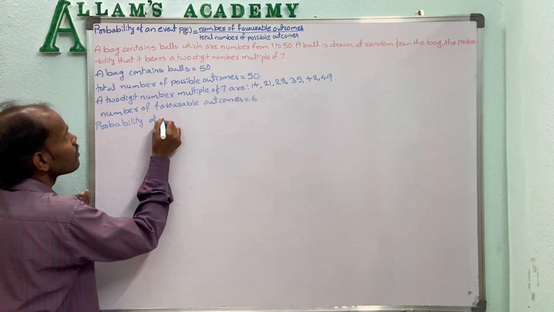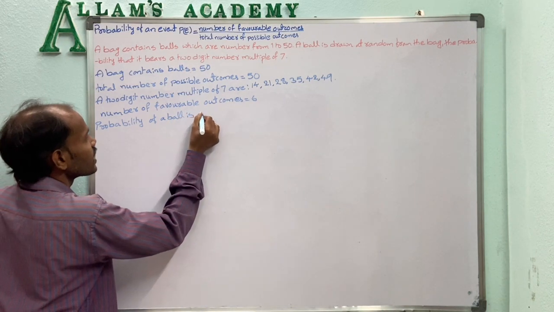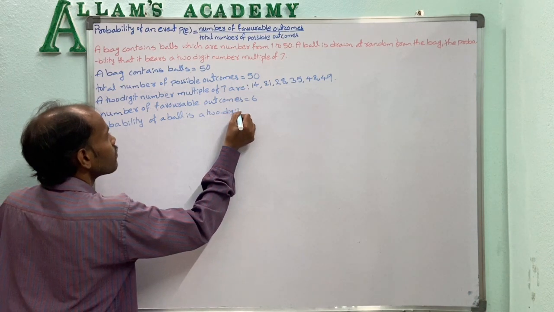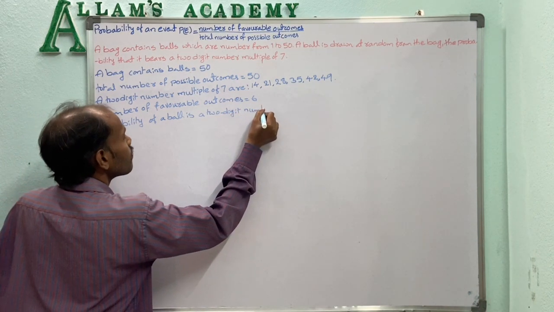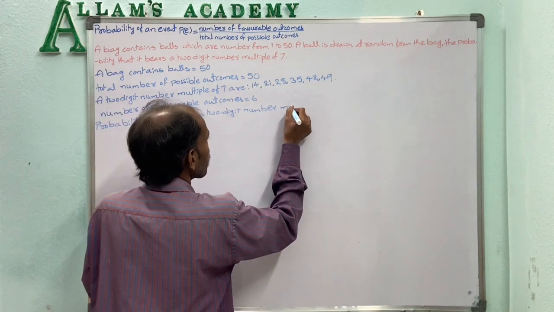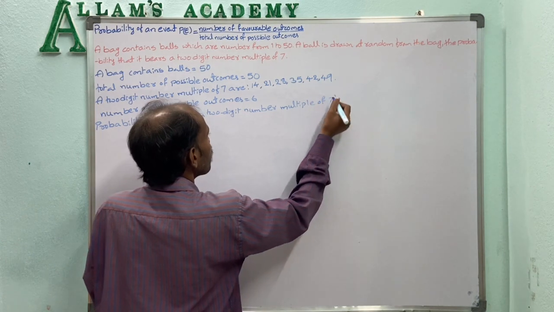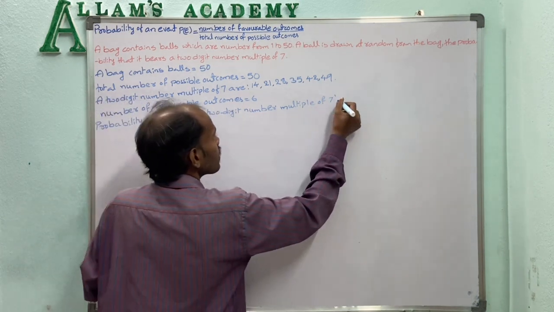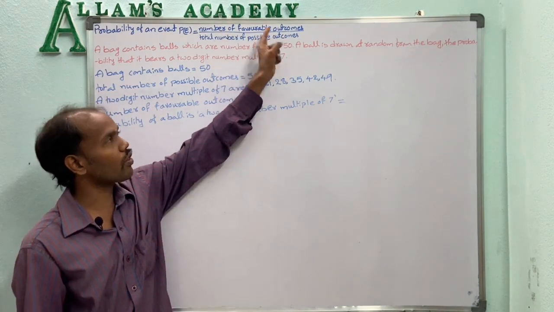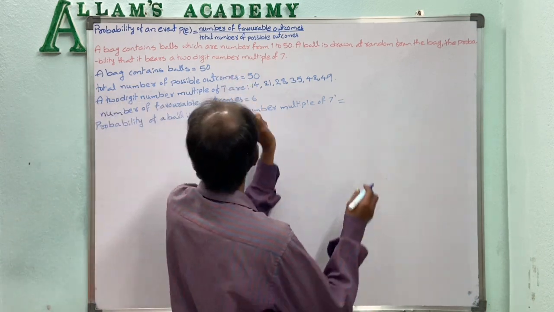So the probability that the ball is a 2-digit number multiple of 7 is equal to the number of favorable outcomes by total number of possible outcomes, that is 6 by 50.